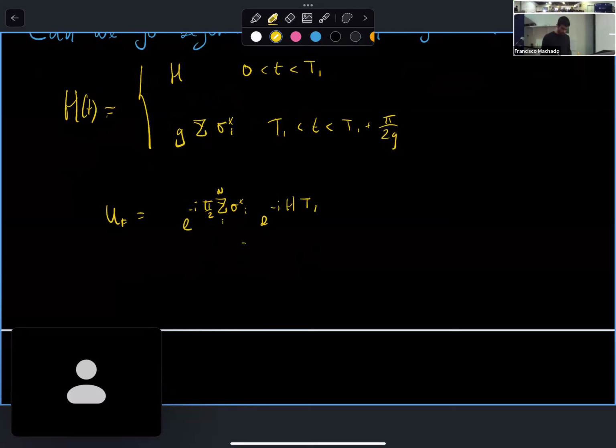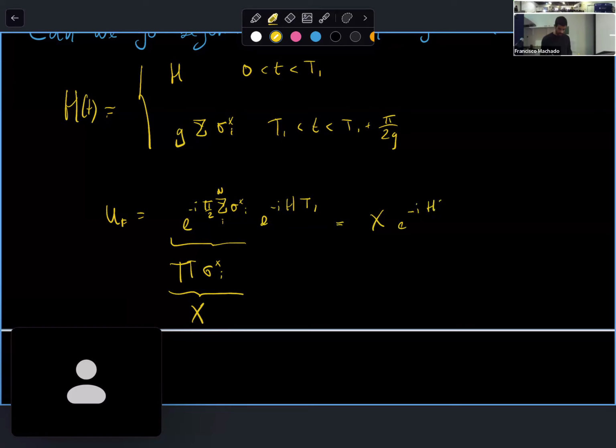And you should see that this is nothing but a pi pulse, which is proportional to doing a spin flip on every object. And for simplicity of the next few things, I'll just call this x. So this I'm going to call x e to the minus i h t. So it's a particular kind of drive.